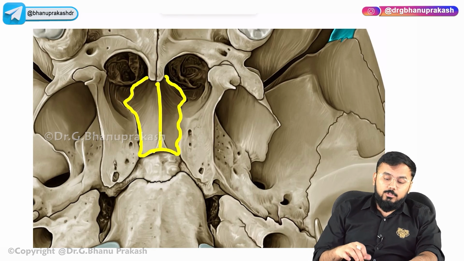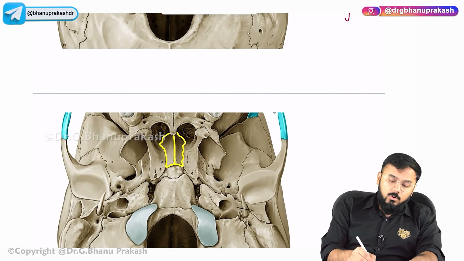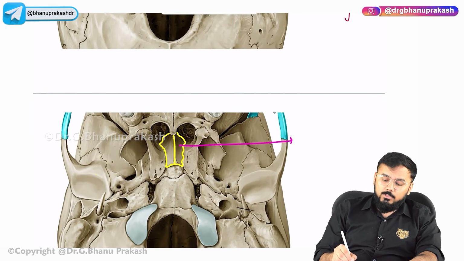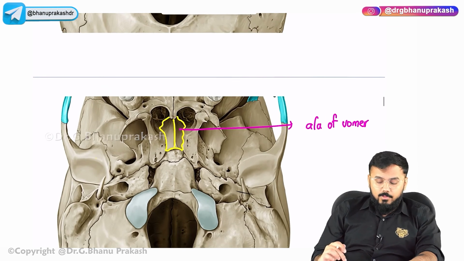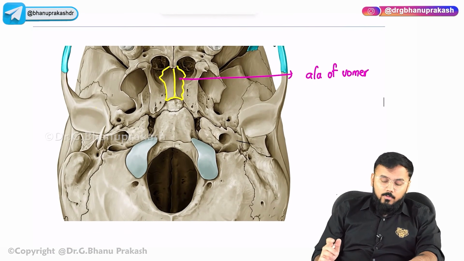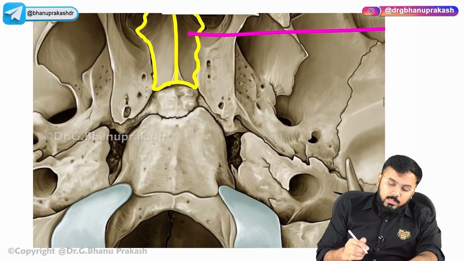What are these two structures called? These are called the ala of the vomer. Now just beneath the ala of the vomer, you see this particular part over here. I'm rubbing it.